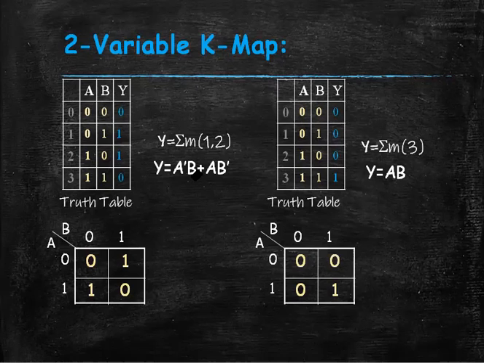Then the sum of these two, that is an OR. Then A bar B or AB bar. The two variable K map is very simple, and when we are confident in the two variable case, then we can obtain the higher levels. Okay.